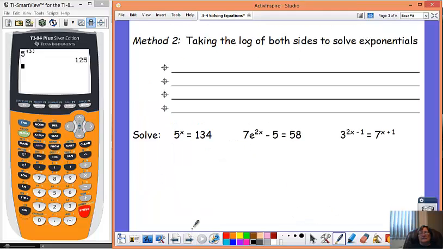And this is the next one we're going to talk about. That is, we can solve exponential equations by taking the log of both sides. So take the log of both sides, and of course that could be the log or the natural log. Then it's use the power rule if necessary.